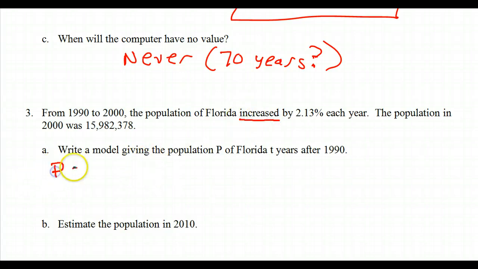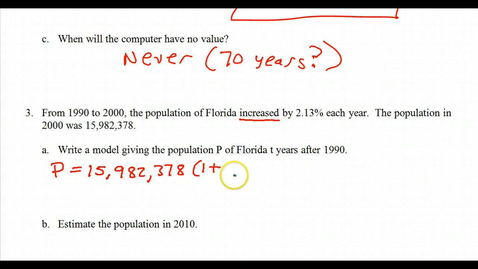So I'm going to use P for population. First we write down the initial amount. So the initial population is 15,982,378. All right, and then, because it's growth, it's going to be 1 plus the rate.